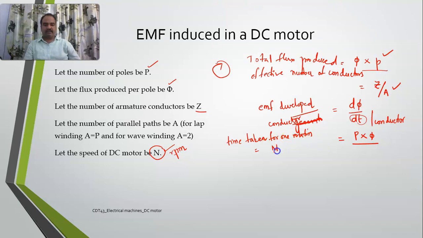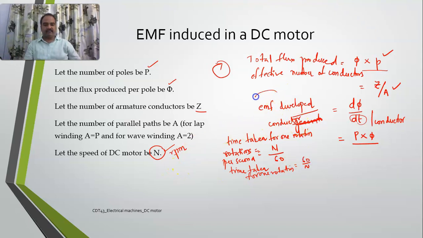So your speed will be N by 60 rotations per second, right? So what is the time taken for one rotation? It will be 60 by N, right?